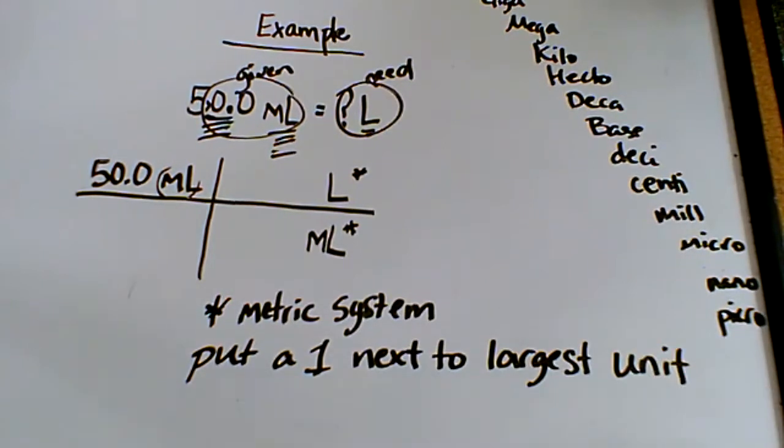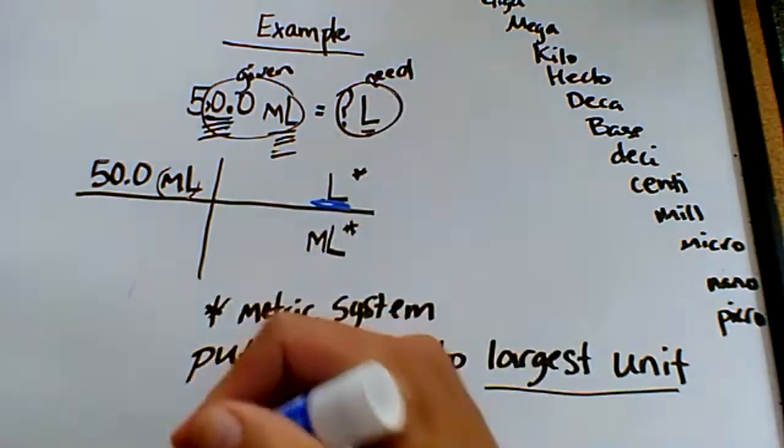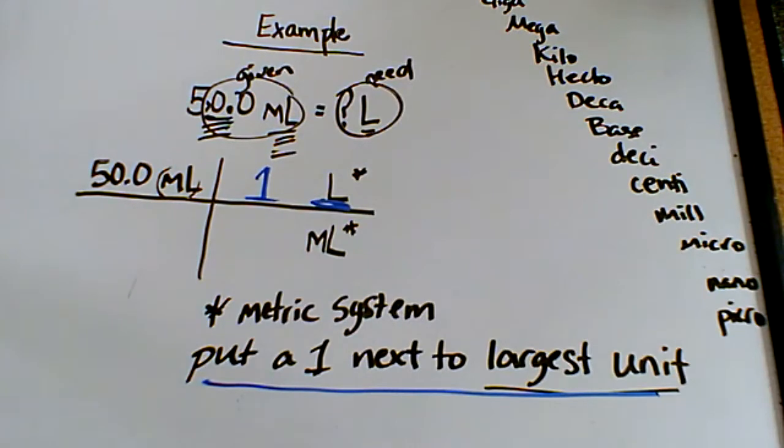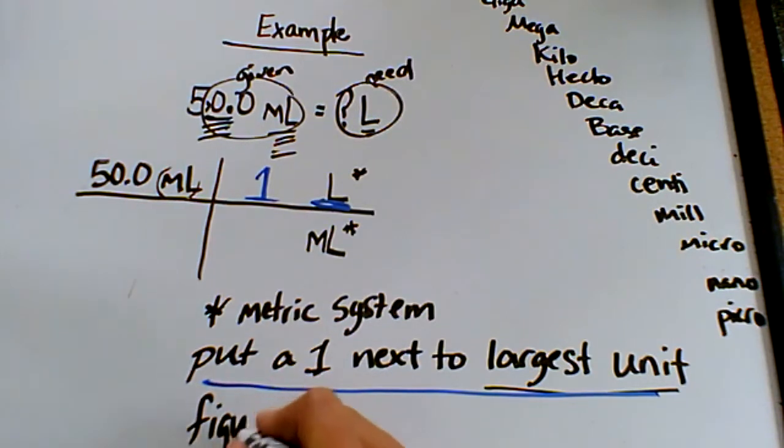Let's pick the largest unit and give it a 1. Well, the largest unit is the liter. So I'm going to give it a 1. Okay. Then we're going to figure out how many times larger it is than our other unit.